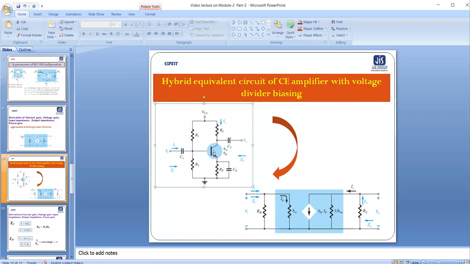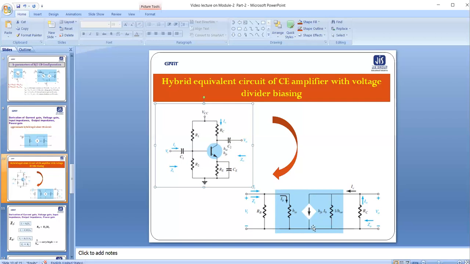Then this is the input impedance of the BJT, that's why it is the HIE. It is the basic model, and this RB is the biasing resistance, because we are handling the entire common emitter amplifier.